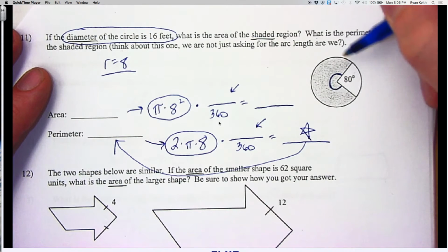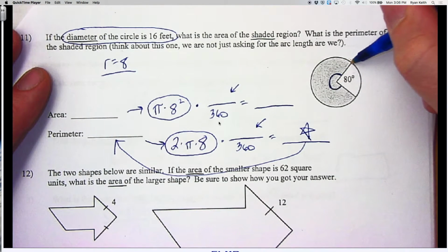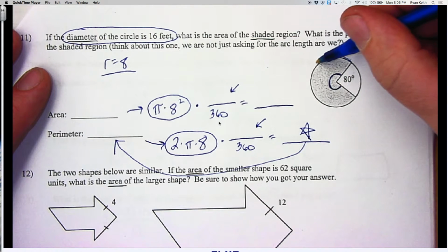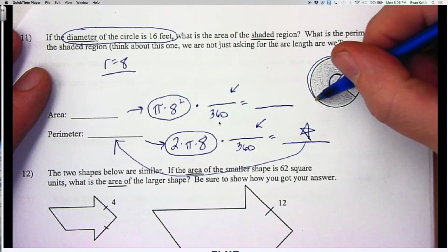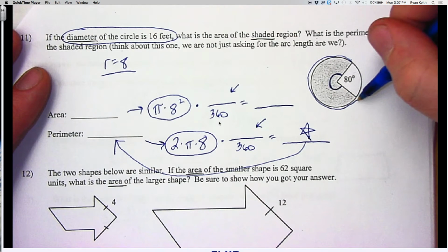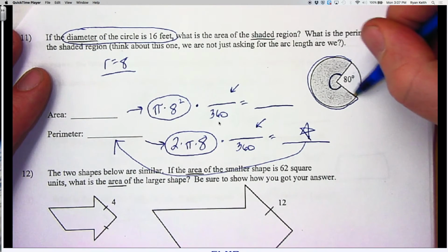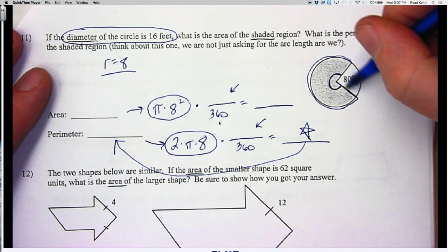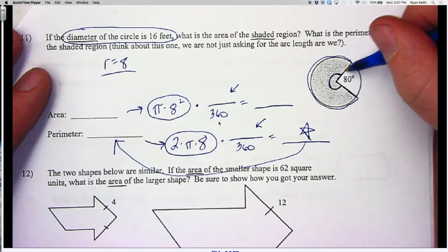Pretend that you were a little bug or something, and you started right here, and you were walking around the shady part. So I'm walking, I get right here, right? Well, to make it from where I'm at to the beginning, I still have to walk along this path, and I still have to walk along this path.